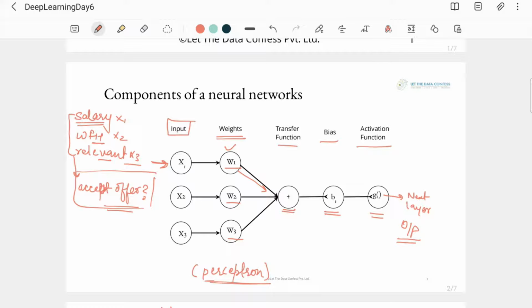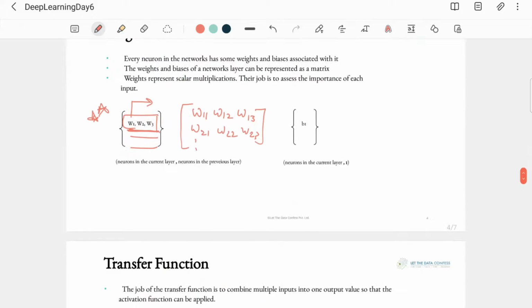So when you send multiple training samples to your network or to your model, it will learn from each different training sample and it will adjust those weights accordingly, so that whenever you send a sample to predict whether a person should accept that offer or not based on the salary and so on, it will automatically adjust and let you know the result.